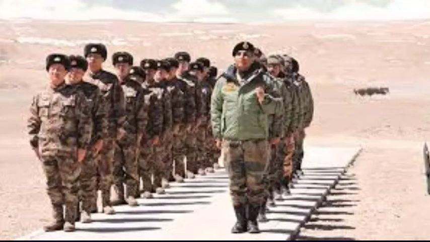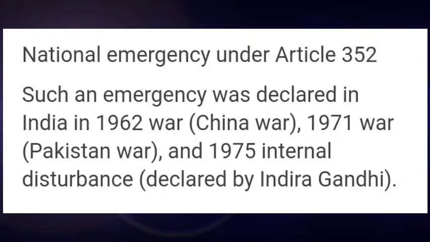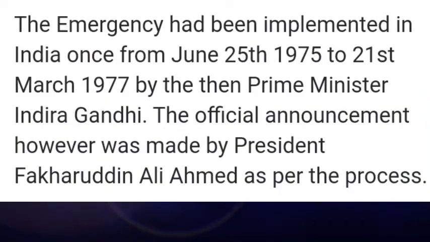In the 1971 war with Pakistan, at that time India liberated Bangladesh; we gave freedom to Bangladesh in 1971. Understand? In 1975, due to internal disturbances, it was declared by Indira Gandhi. At that time, the President of India was Fakhruddin Ali Ahmed.